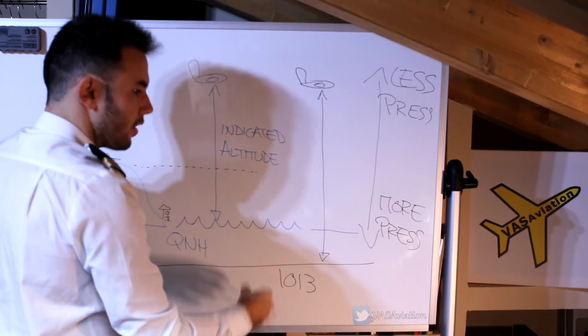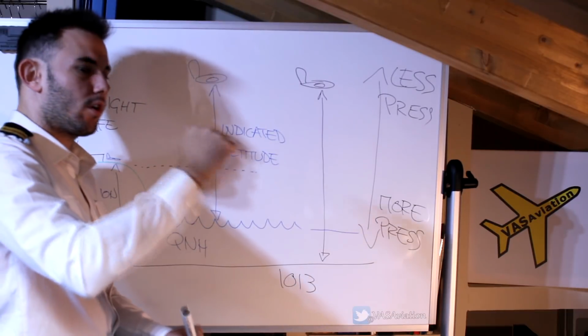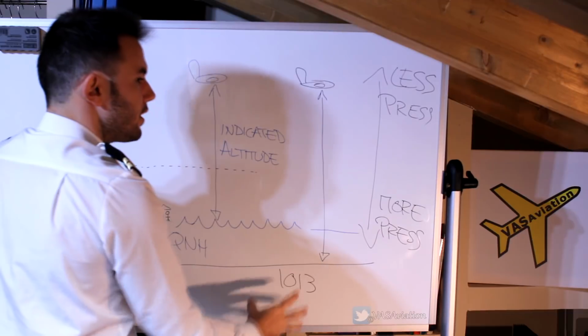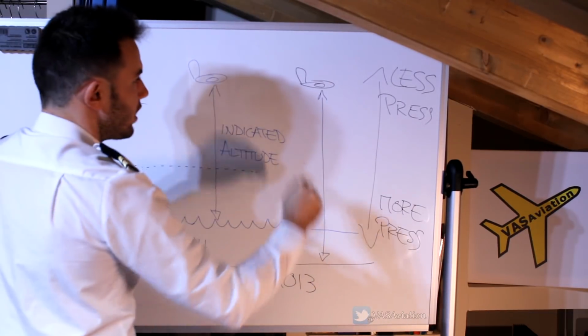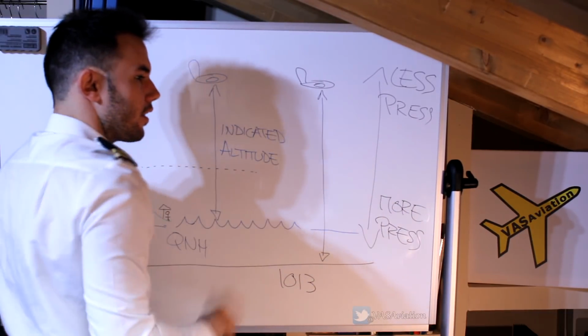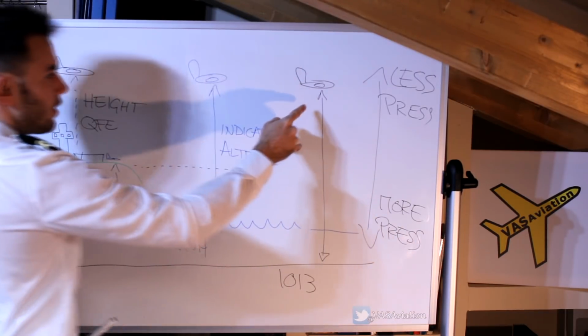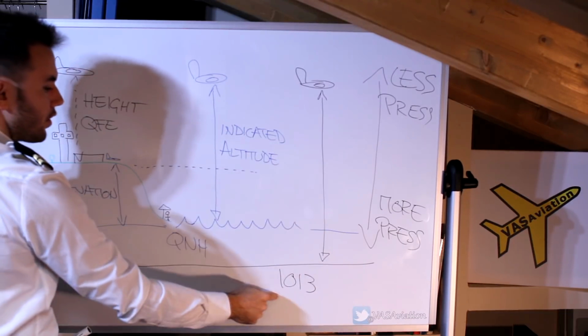It doesn't matter, because isobars constantly move. So 1013 can be below mean sea level or above. Wherever it is, if we have QNE set, the standard altimeter setting, it will measure the distance between our aircraft and the 1013 datum.